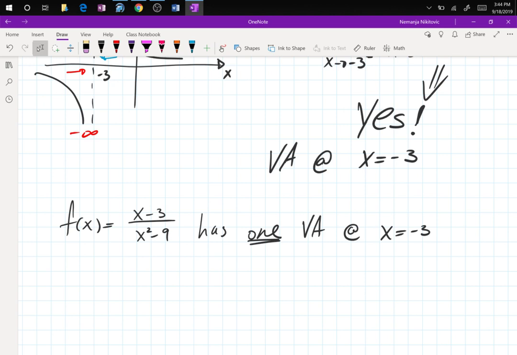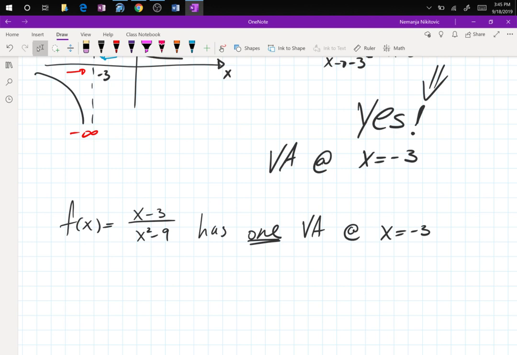Really? Oh, well, such is life. So Wolfram Alpha, Desmos is down. Talk to it. Graph x minus 3 divided by x squared minus 9.